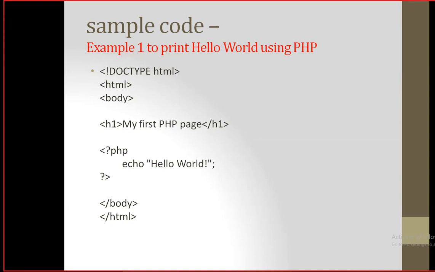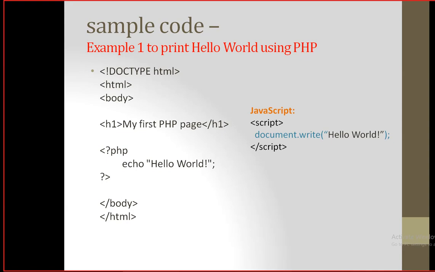And if we have to mention the variable's value with some static text, then in that case we have to put that variable in the double quotes only. Okay, we'll see certain examples, then it will be more clear. For now, just remember echo is used for printing value on the HTML page.